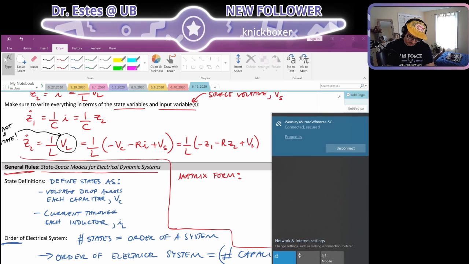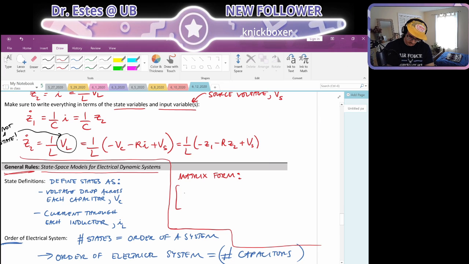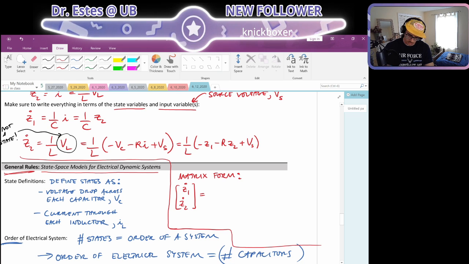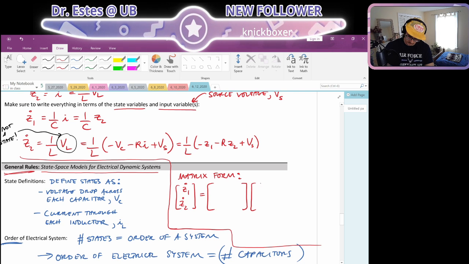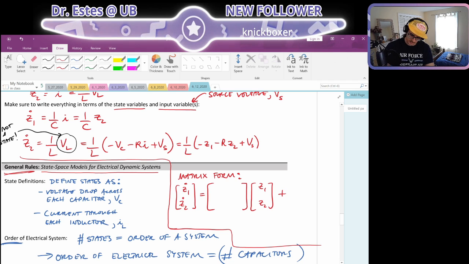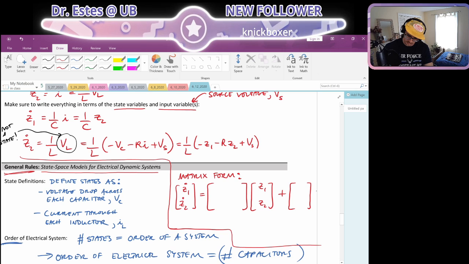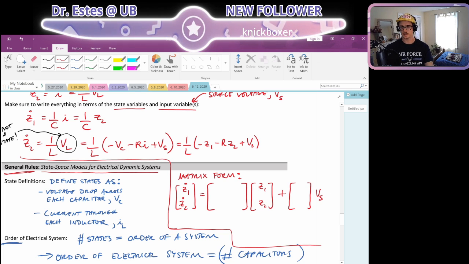Okay. Z1 dot, Z2 dot equals, we know this will be a 2 by 2 matrix. Z1, Z2 plus, and then I'll put this VS.